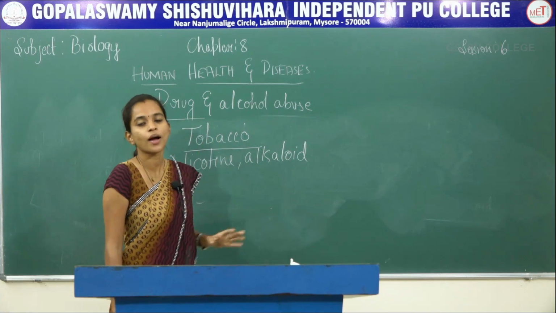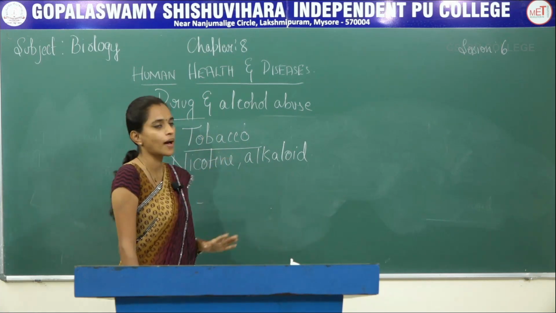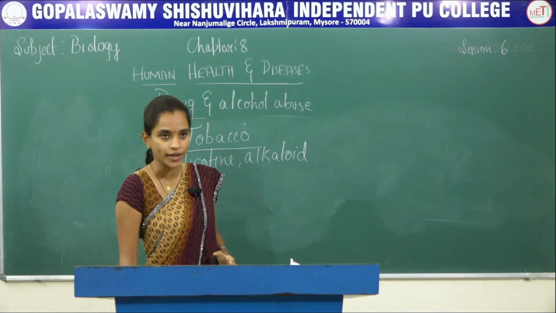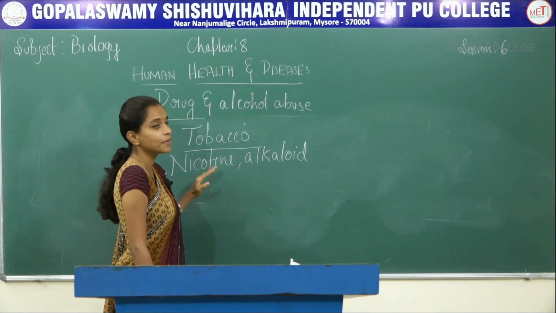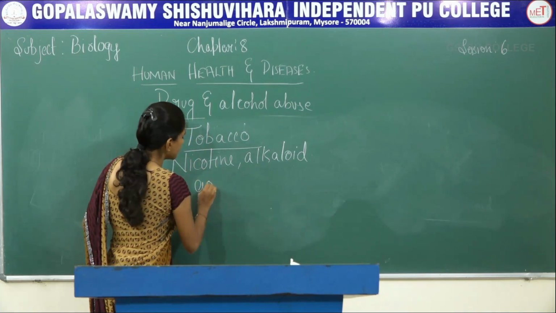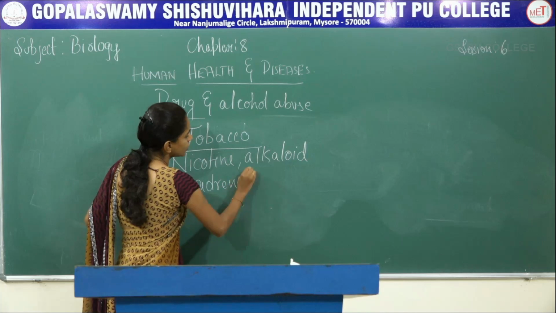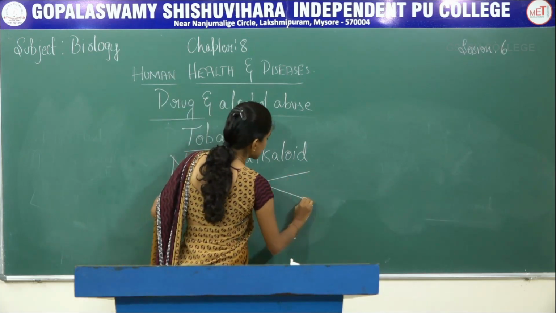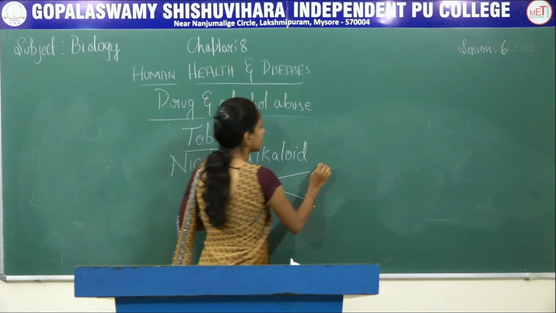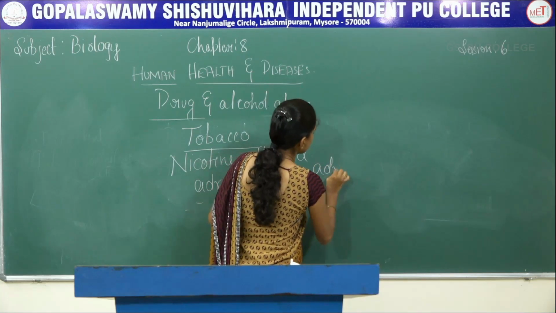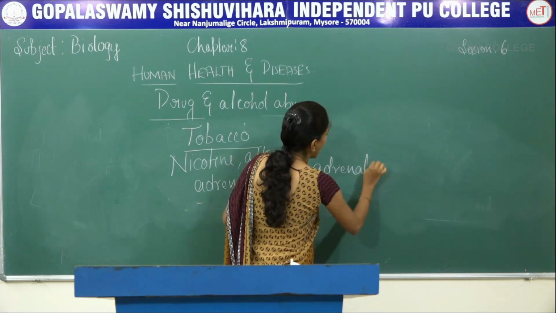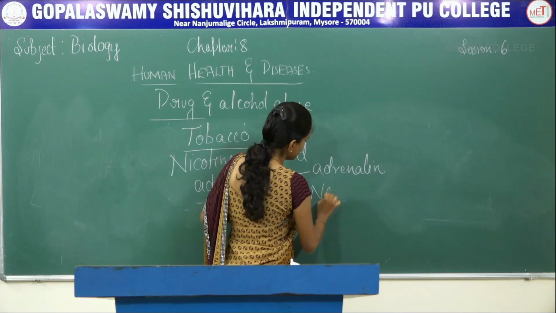So what do the chemicals present in tobacco do once they enter our body? Initially they act on the adrenal gland and activate two hormones, that is adrenaline and noradrenaline.